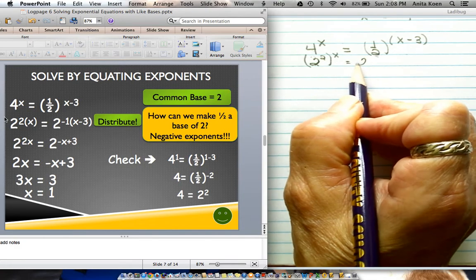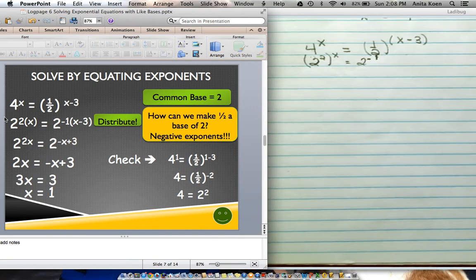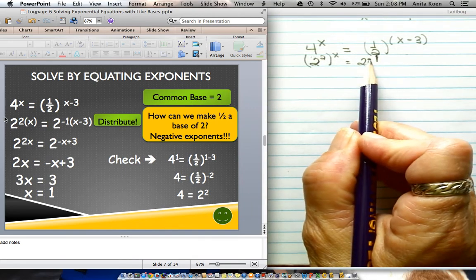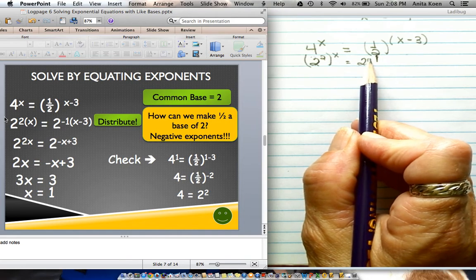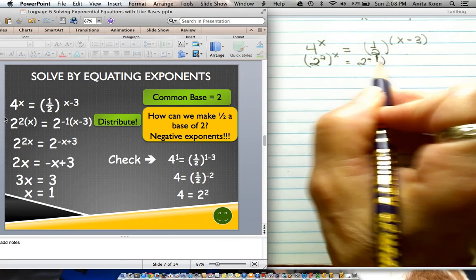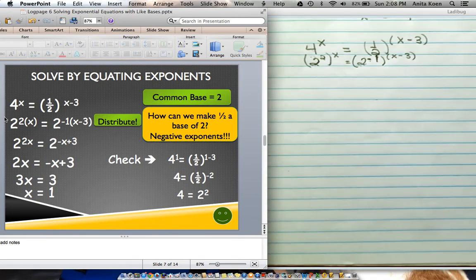So 2 to the negative 1 is the same as 1/2, because this negative 1 in the exponent position means the reciprocal of 2 to the first power. So that's 2 to the negative 1 raised to the x minus 3 power.